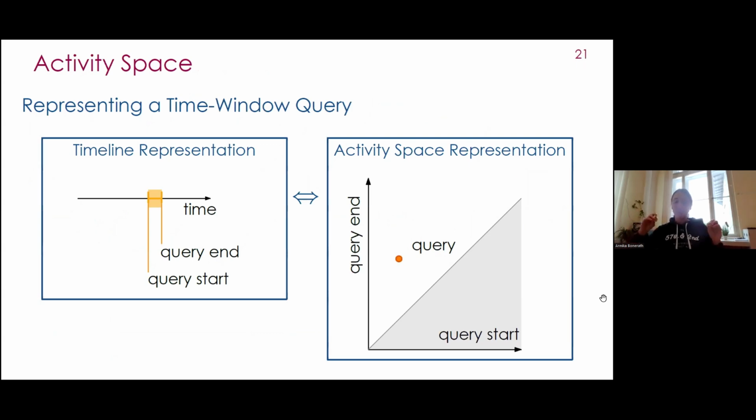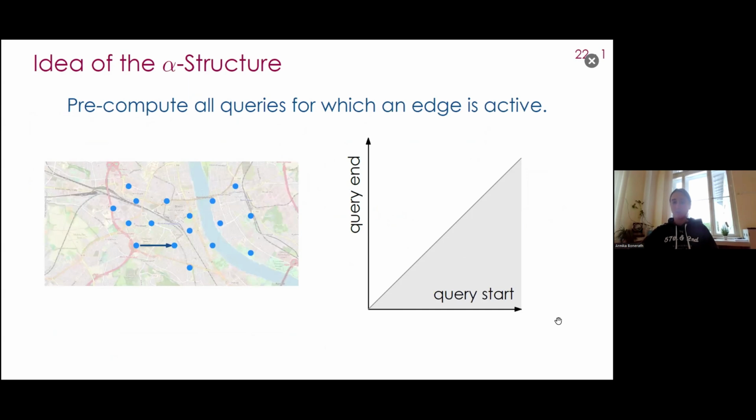Now we make a little bit of a different visualization. So until now we saw the timeline representation. So here's again the time, and we have this time window query. And now we transfer it to the activity space representation on the right side. Here we have the query start time on the x-axis and the query end time on the y-axis, meaning the interval in the left representation is a point in the right representation.